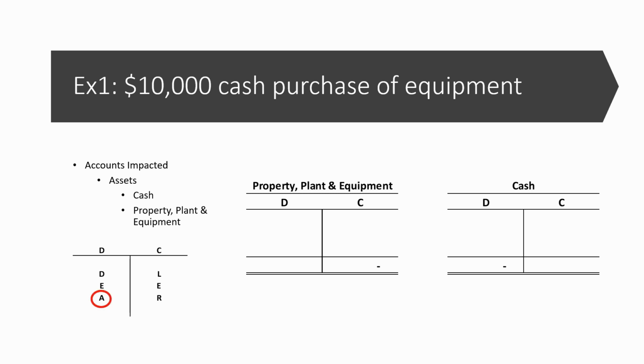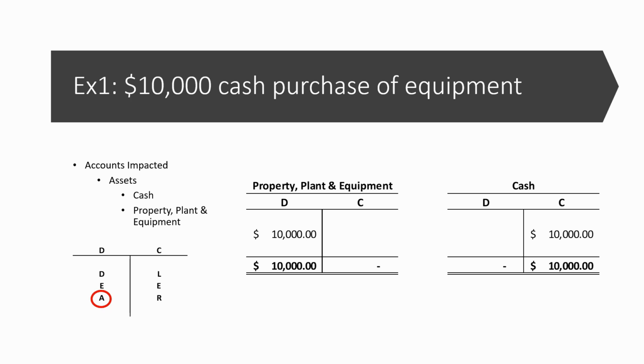Property is increased by $10,000. Cash is decreased by $10,000. Referencing DC Dealer, asset accounts are increased by a debit entry. Inversely, assets are decreased by a credit entry. Because of this, we know that we have to debit property by $10,000 and credit cash by $10,000.